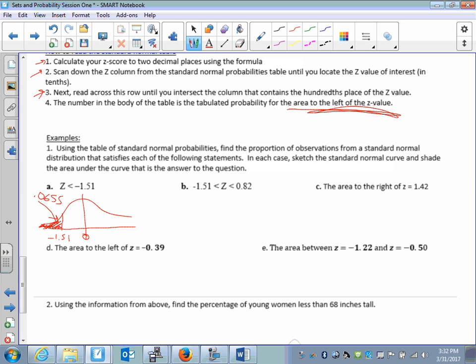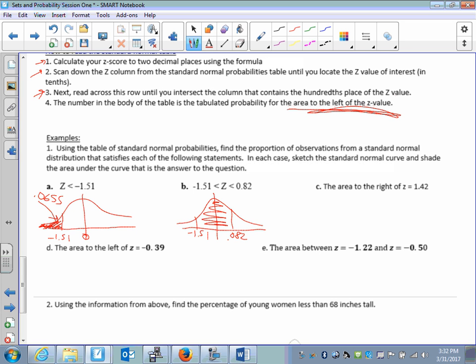B, -1.51 is less than z is less than 0.82. Now, we already have the 0.0655 here. This time, what we're looking for is, here's the mean, here's -1.51, and here is 0.82, and we want the area in between these two.